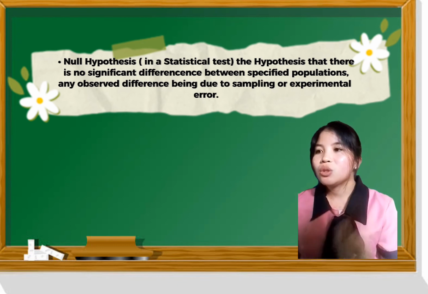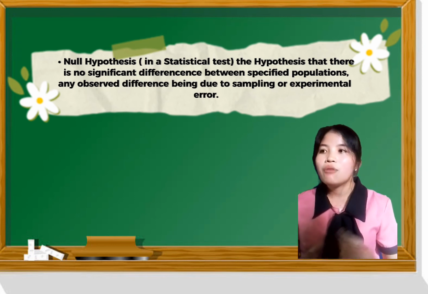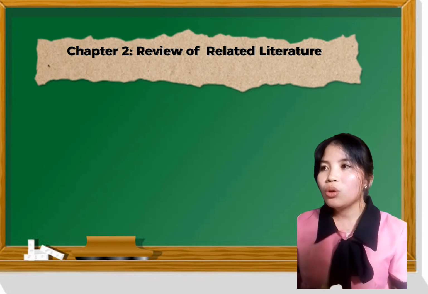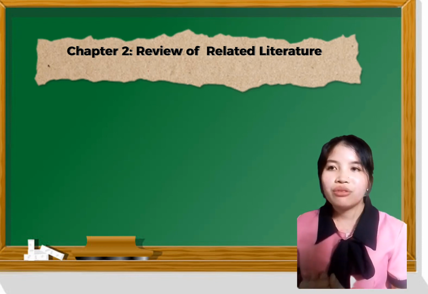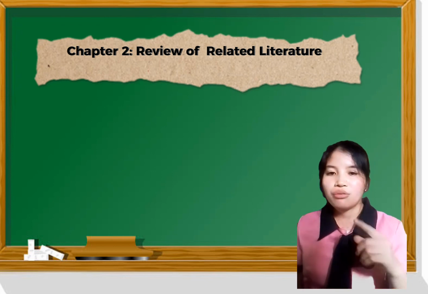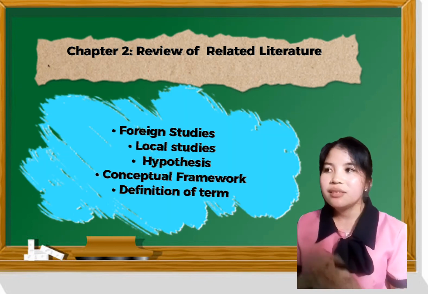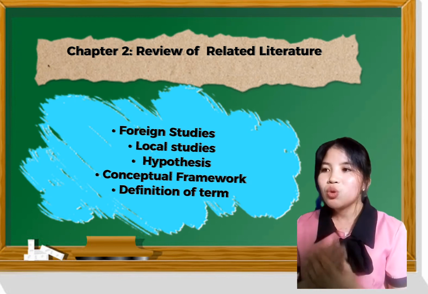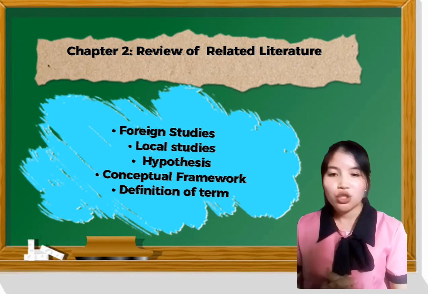So those are the two types of formulation of hypothesis. Chapter 2, the review of related literature: the foreign studies, local studies, hypothesis, conceptual framework, and definition of terms.